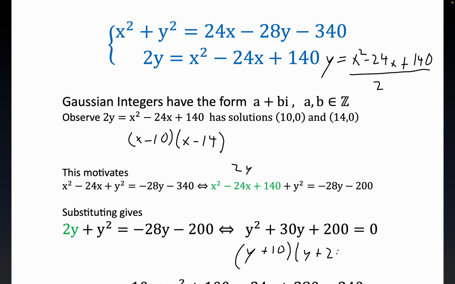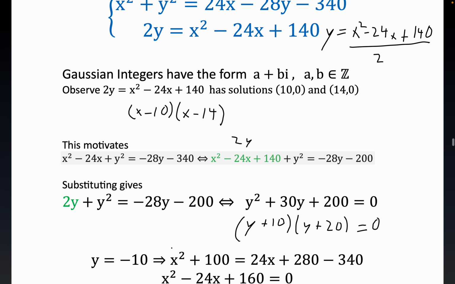Now, the idea is to solve for this, which is easy enough, and then you just substitute that back in to the top equation. And so y equals -10 is certainly one of the solutions to this equation.